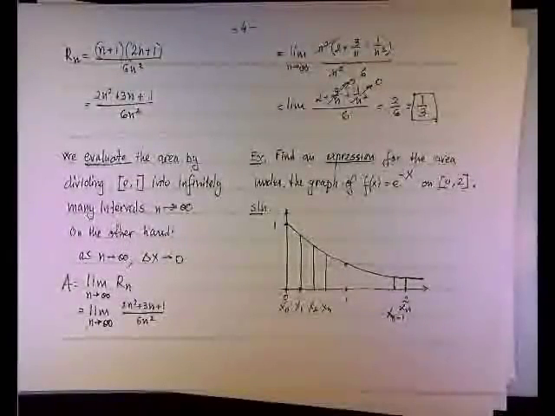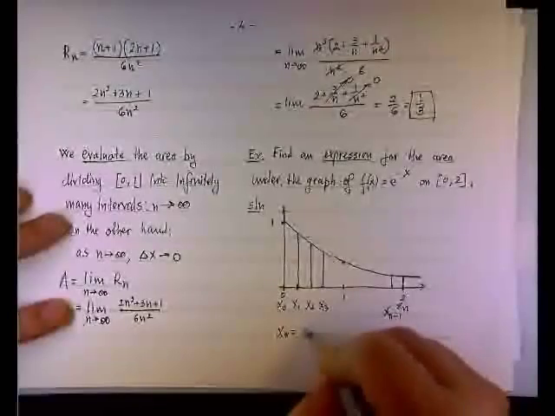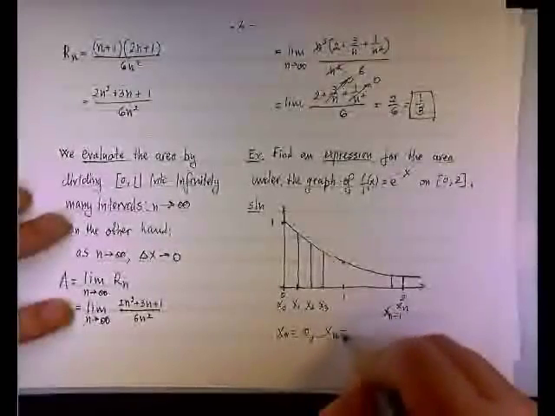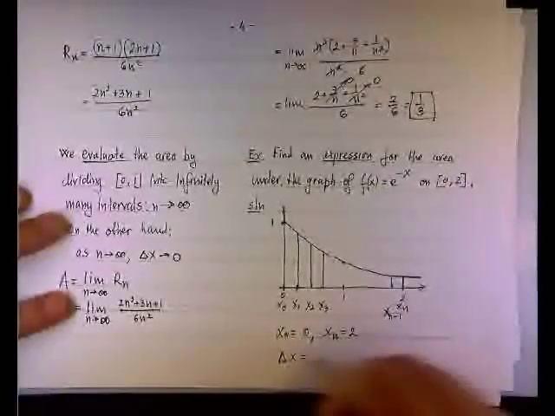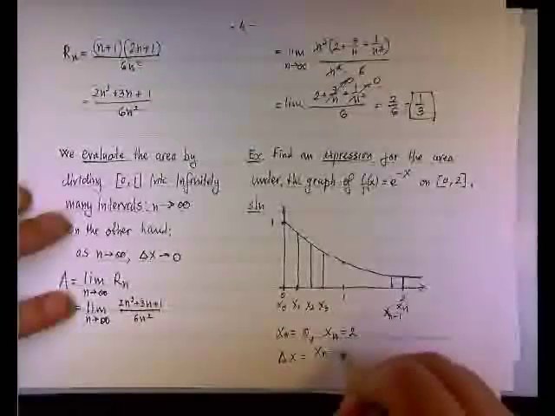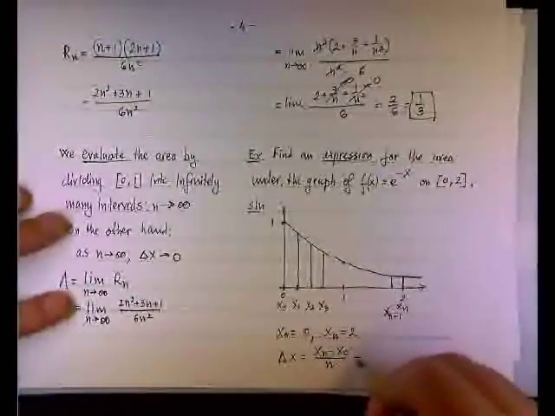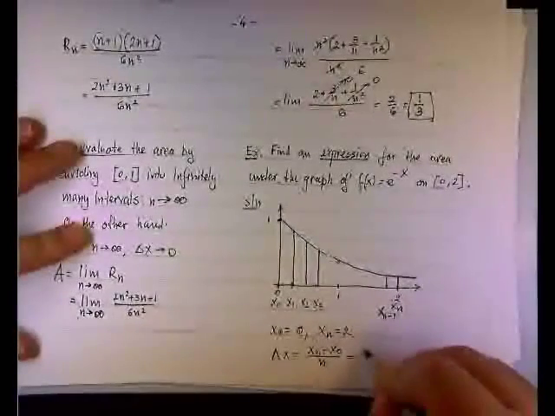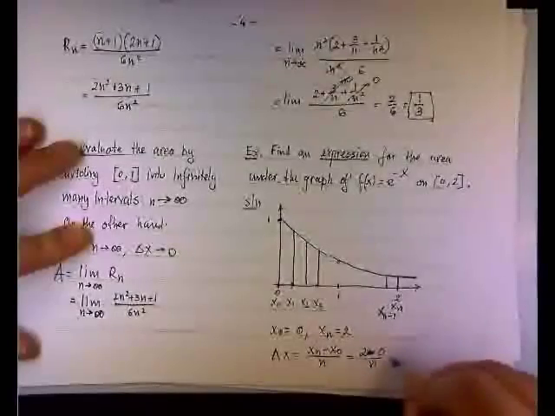Okay? The first thing we need to establish is delta x, and we're going to use the fact that x sub 0 equals 0, x sub n equals 2, and therefore delta x, which is always x sub n minus x sub 0 divided by n, if the intervals are equally spaced, will be 2 minus 0 divided by n, or 2 over n.